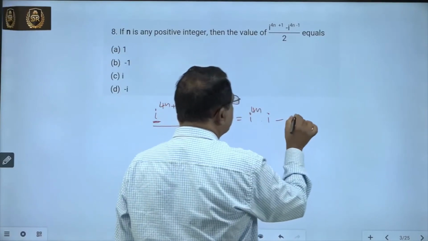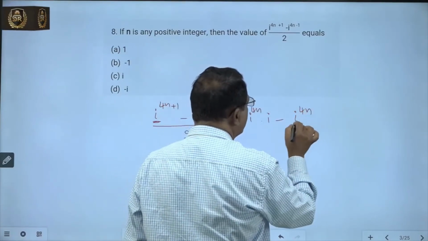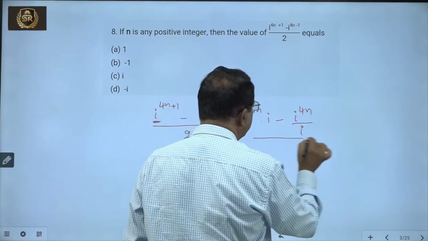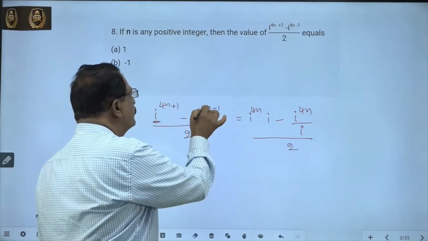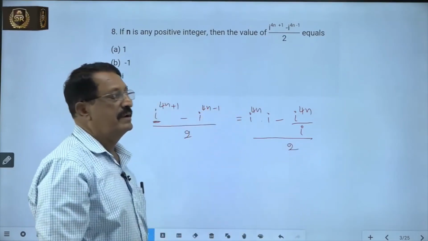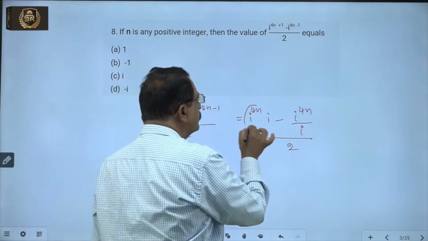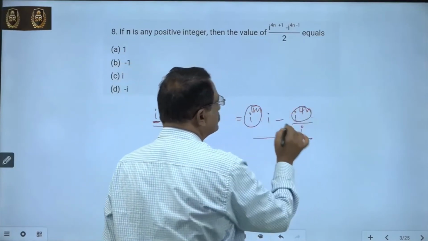Next, minus i to the power of 4n by i, because i to the power of 4n minus 1 equals i to the power of 4n by i. But i to the power of 4n equals 1, so here it is also 1.